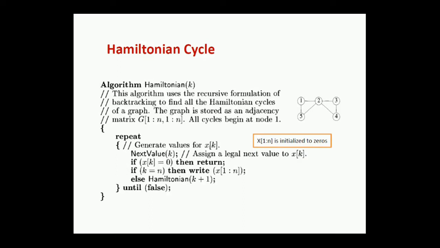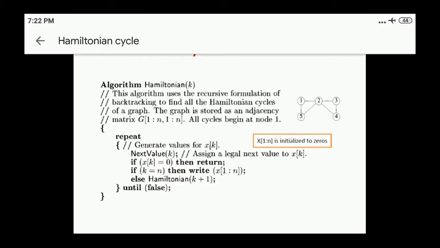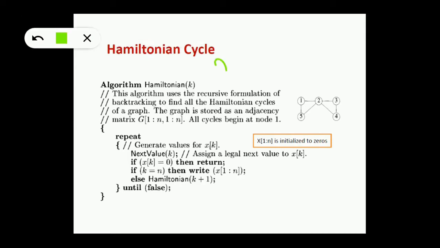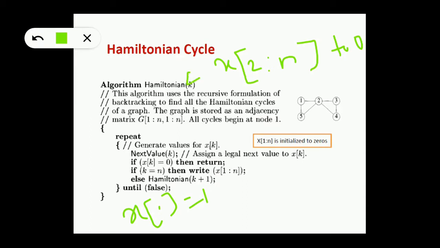The algorithm starts by initializing the adjacency matrix and then setting the solution vector x from position 2 to n to zeros, and x of 1 is always set to 1, and then we start executing Hamiltonian of 2.